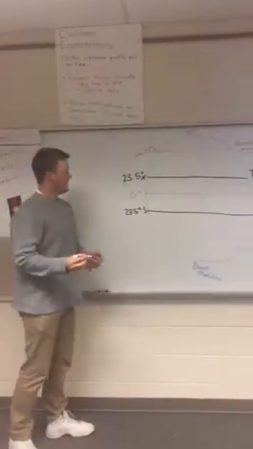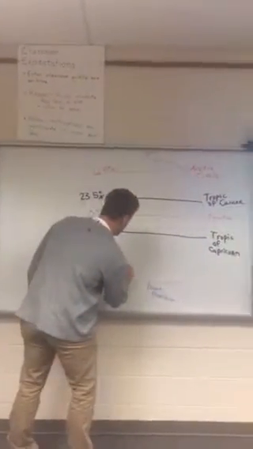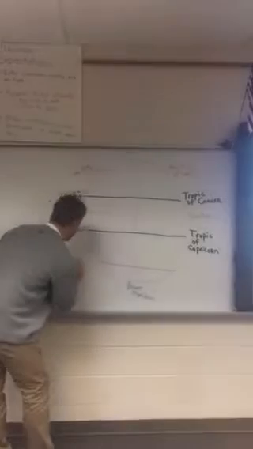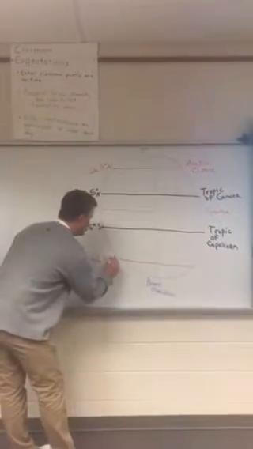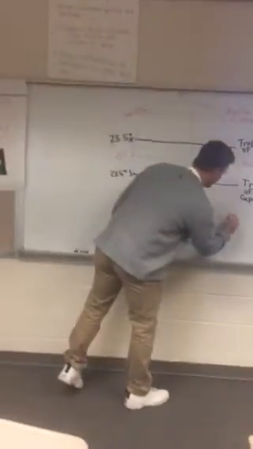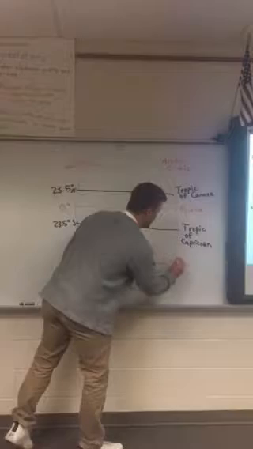Then we also have another one at 66.5 degrees south latitude, which we're going to put on our pretend globe. And that is known as the Antarctic Circle.